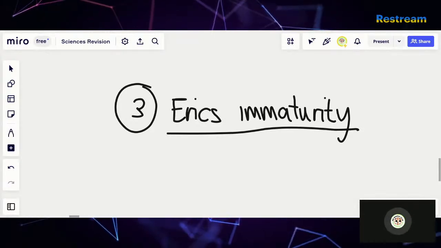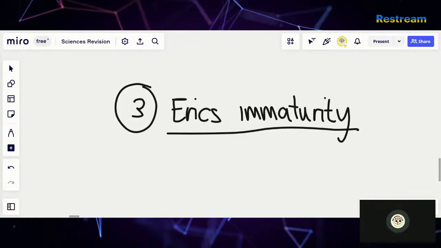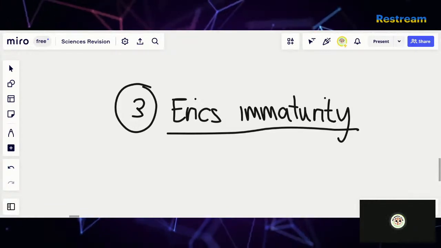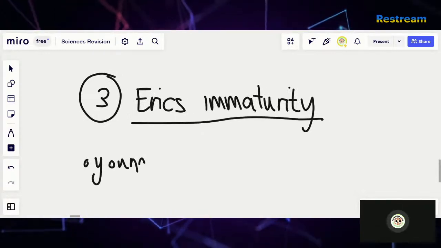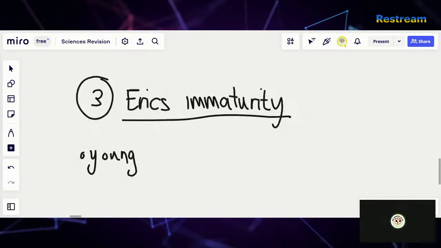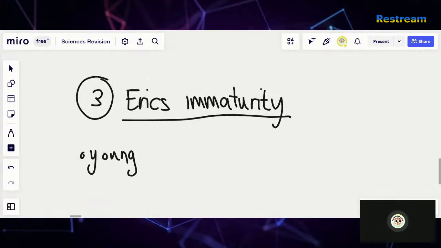So, Eric is a highly immature character. He is a very young character, which may explain why he's immature, but also what quotes suggest that Eric is immature.